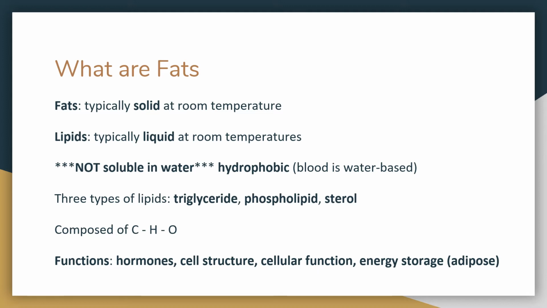But do know that I may interchange the words, and oftentimes in the scientific literature, you'll see them used synonymously. In general, fats is often used as an umbrella term to include both solid fats and liquid fats or lipids.